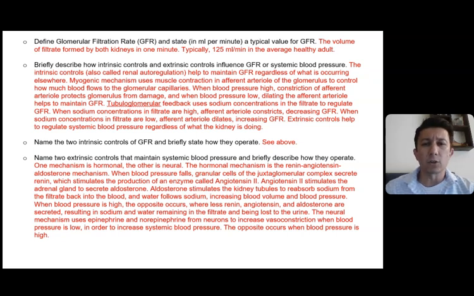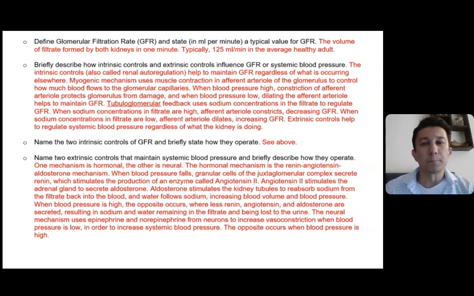And so when sodium concentration in the filtrate is high, we're going to see that the afferent arteriole constricts, which is going to decrease GFR. And when sodium concentrations in the filtrate start to drop, we're going to see that the afferent arteriole will dilate, which will increase GFR.